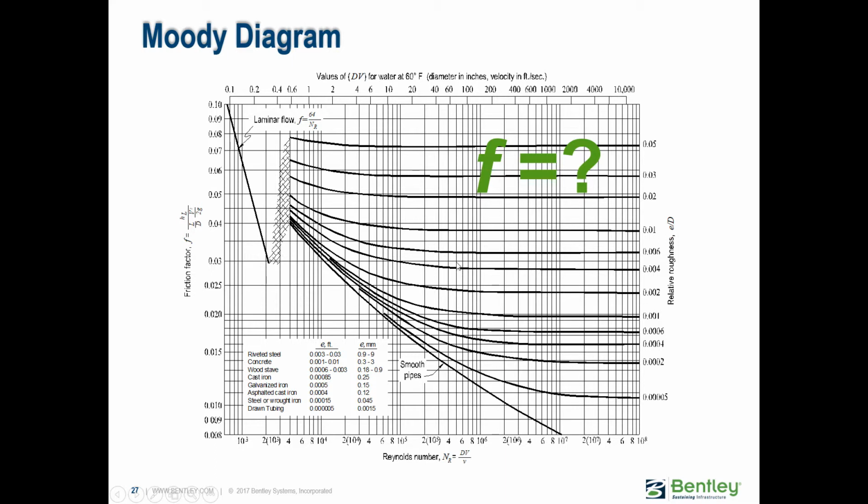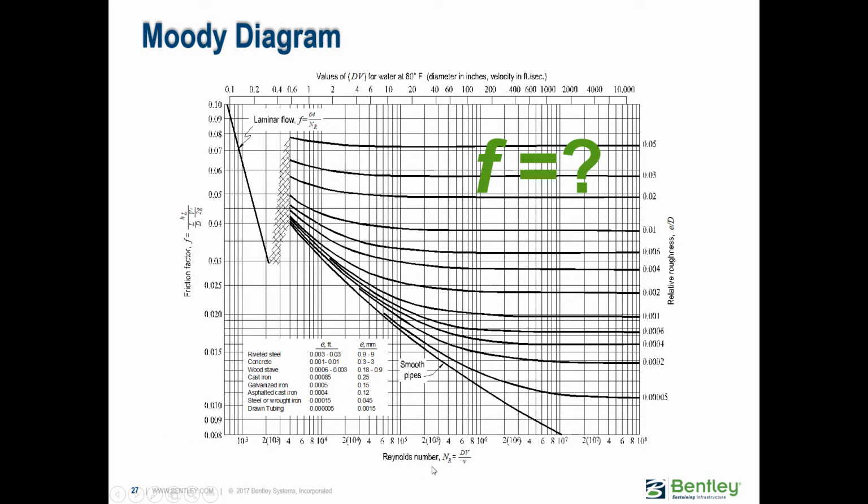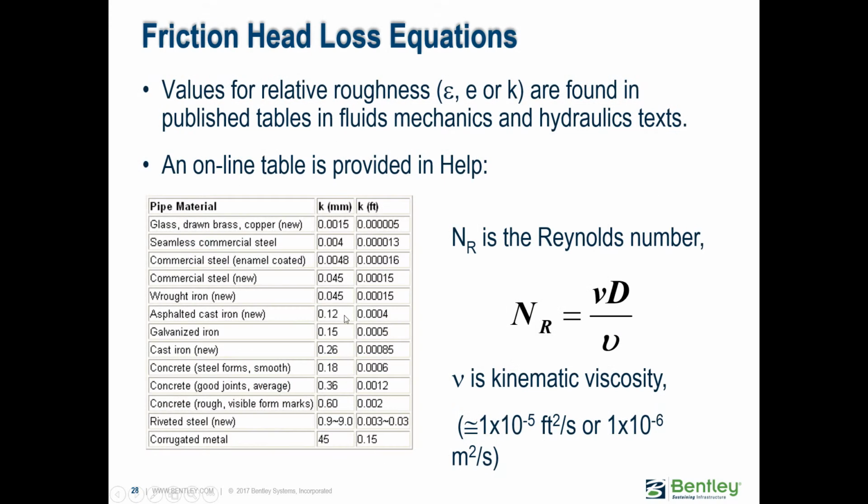You calculate the Reynolds number, and here's where things become tricky because this is a moving target: as flows change, velocity would change, so the Reynolds number would change. So it's not like you can make a direct correlation. But once you know the relative roughness and the Reynolds number for that particular condition, you would go into that line, find the intersection, and then figure out the friction factor. But that just makes it a little more complicated because it's not as simple as just inputting an N coefficient.